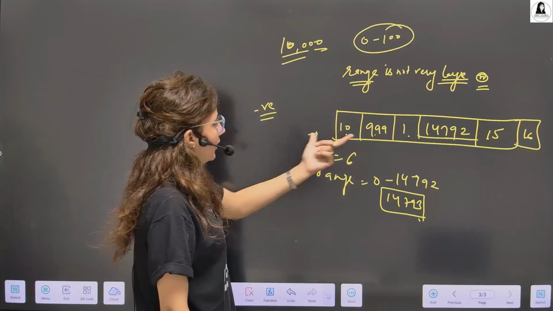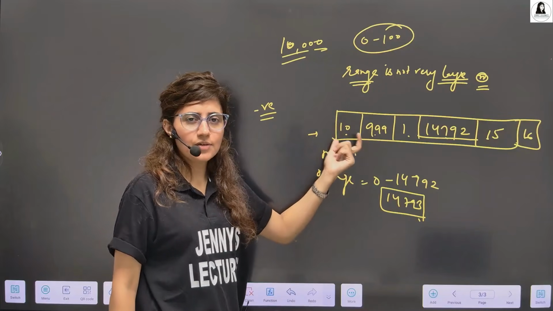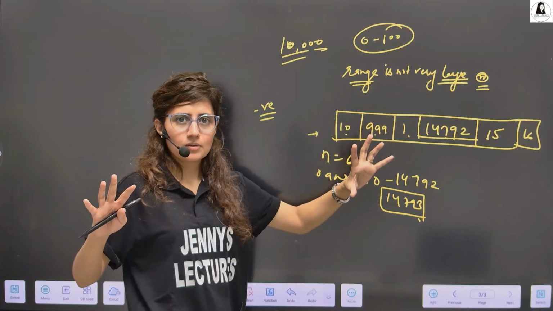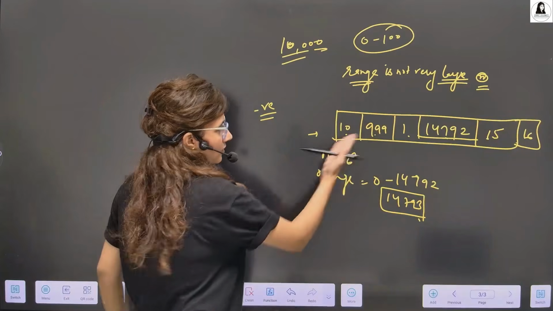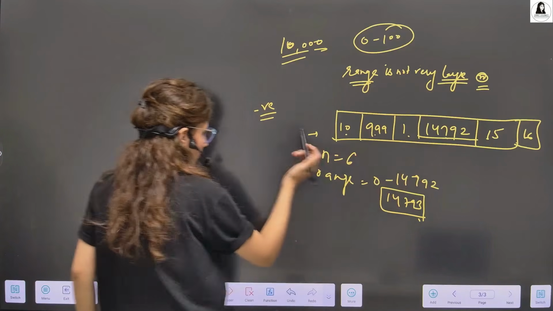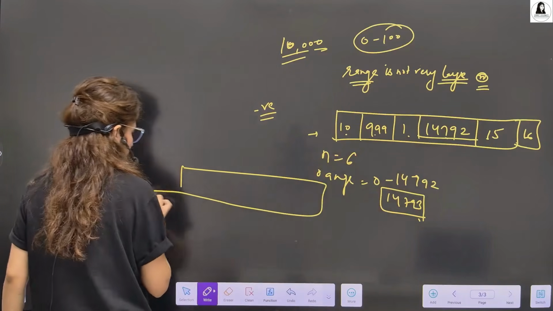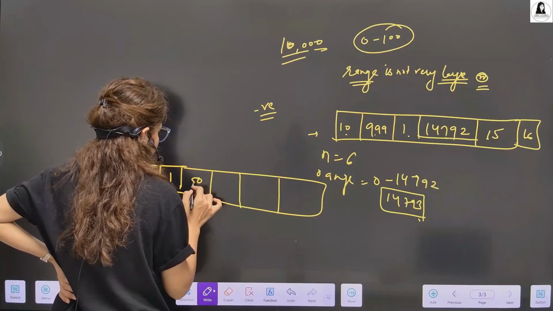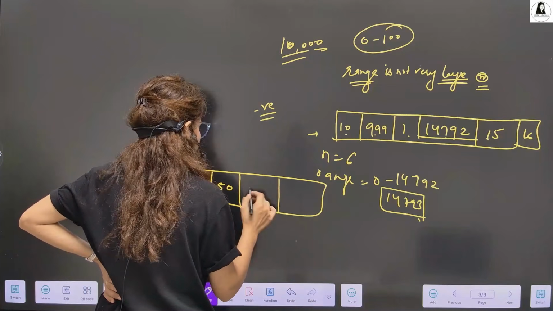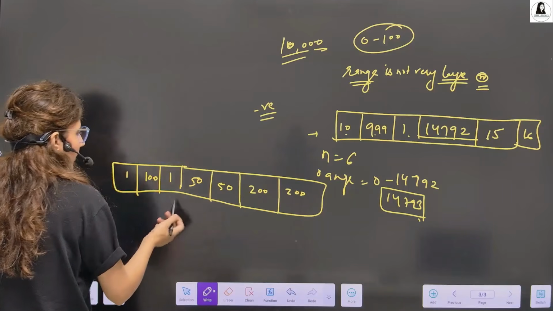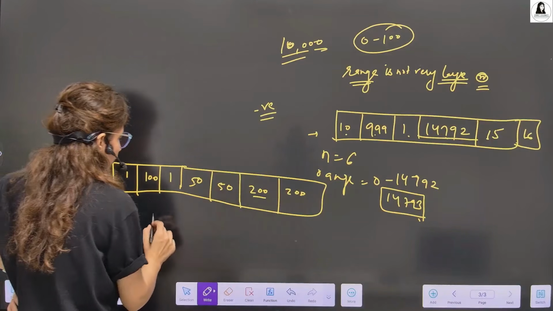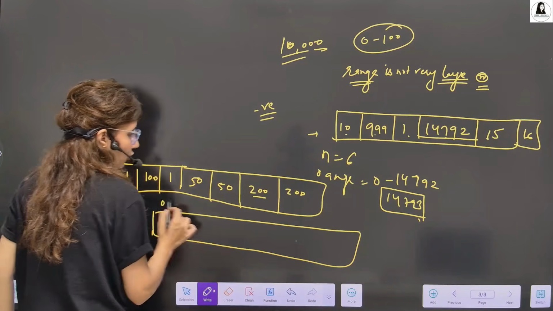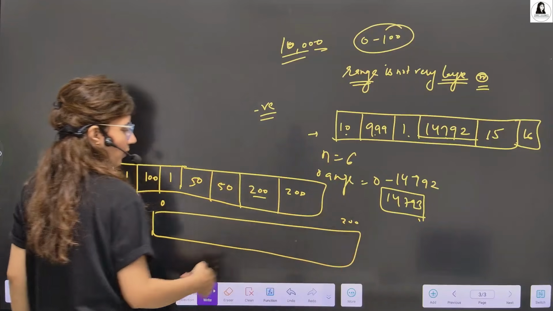And if a sparse array is given, right? Sparse array means like this, or like this. Here the largest size would be what? 0 to 200 means 201.